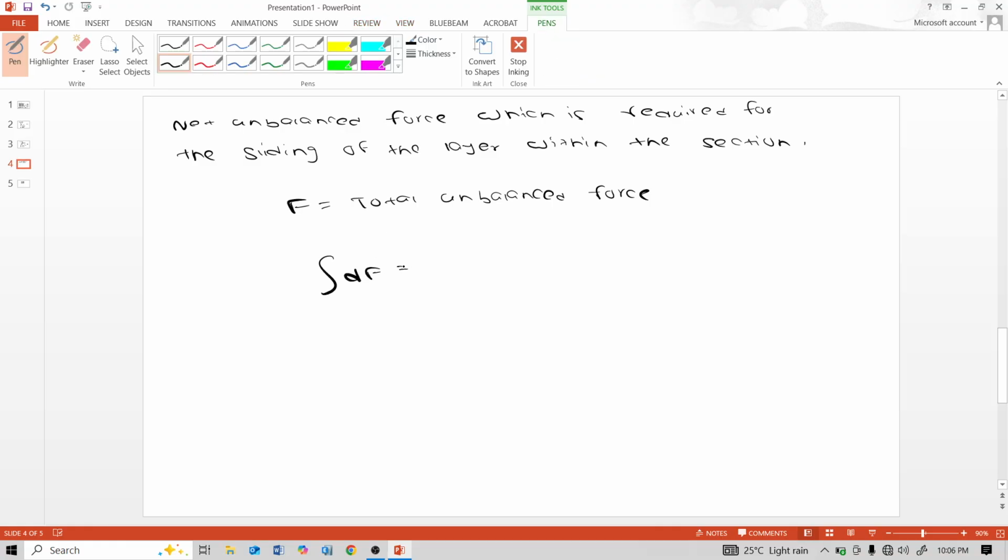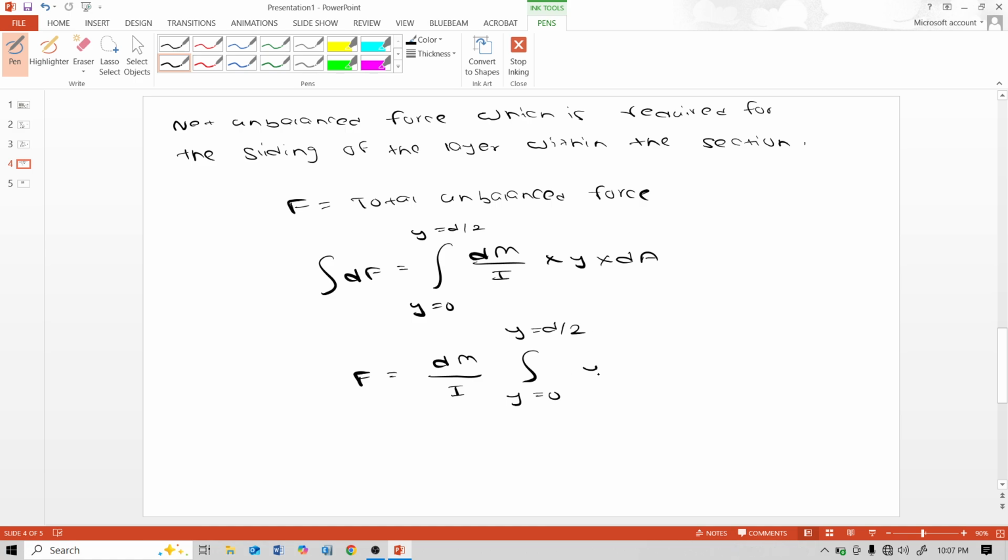Integration of dF is equal to integration of dM upon I into y into dA, with boundary conditions y equal to 0 and y equal to d by 2. Therefore, F is equal to dM upon I, integration from y equal to 0 to d by 2 of y into dA.